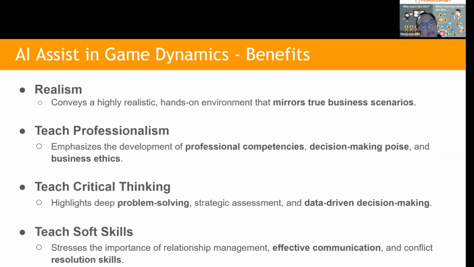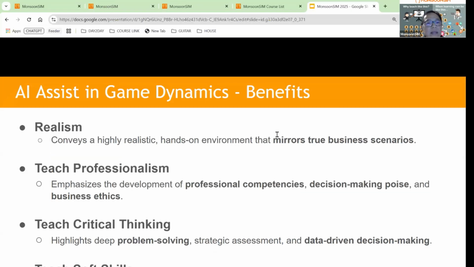Now with AI, we can really insert all this into our lesson plan. It's blended learning, so not only quantitative learning, but they also learn the qualitative, soft side. It makes the game so much fun, right? The student will really feel that they can't just write anything. They have to think, they have to be polite, and so on.